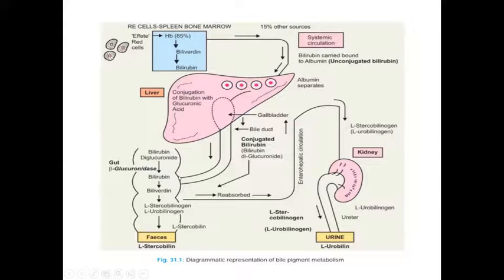From there, the bilirubin is again reduced to biliverdin and urobilinogen, and some will be excreted through the feces, and urobilinogen will be secreted through the urine, and some of this will be reabsorbed, and will also be excreted from the body in the form of urine.